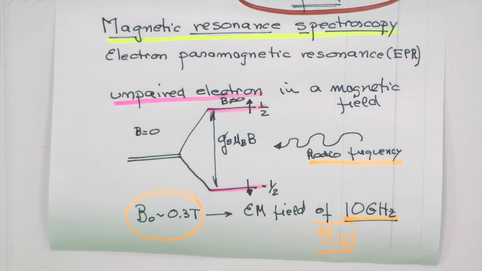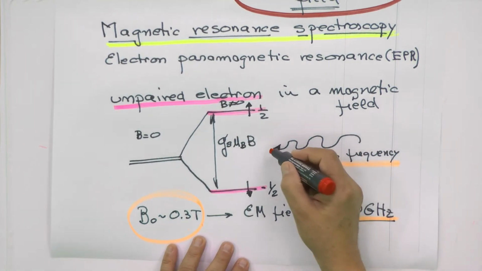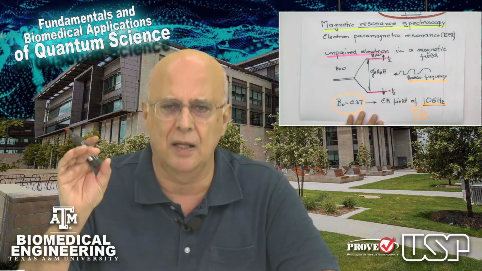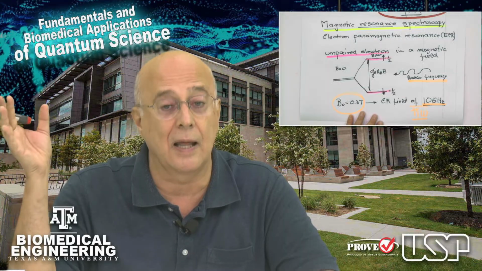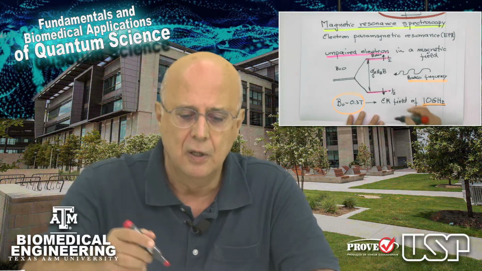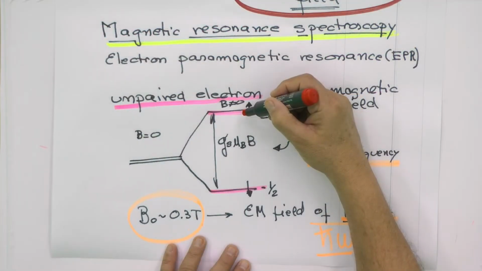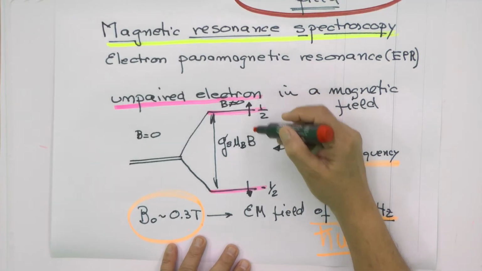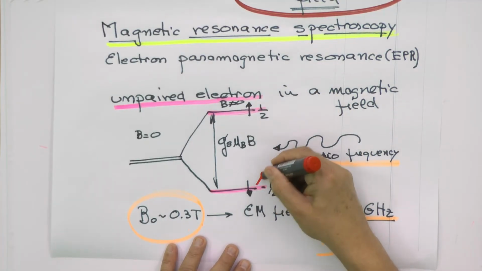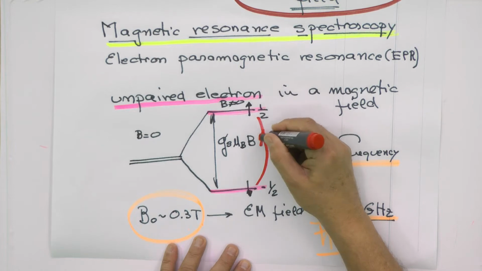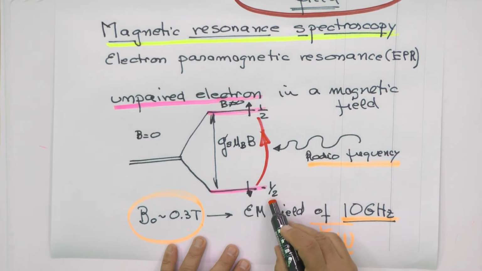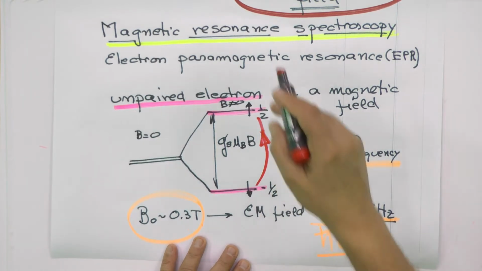That's a good energy. And then this radiation will come and, equivalent to what we saw for the electrical dipole transition, will now cause a spin flip. So we'll promote the electrons to go. If the electron is in this state, down will go up.